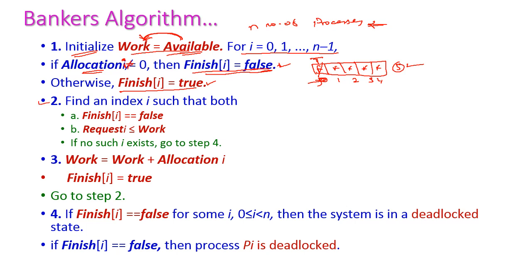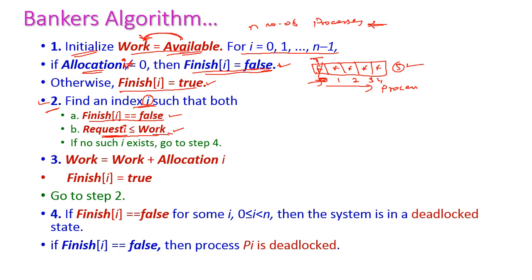When we come to the second step, find the index i, where the index indicates the process index, such that finish of i equals false and request of i is less than or equal to work. If finish of i equals false, then request of i, the requested resources of this particular process i, should be less than or equal to work.